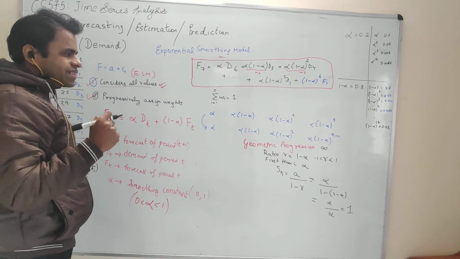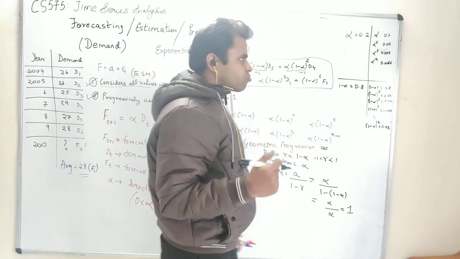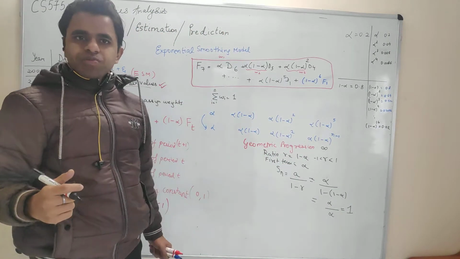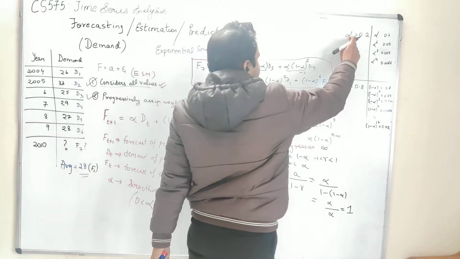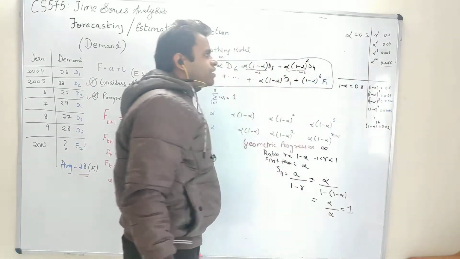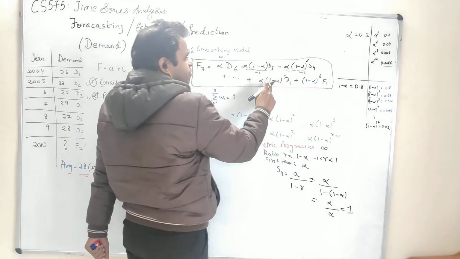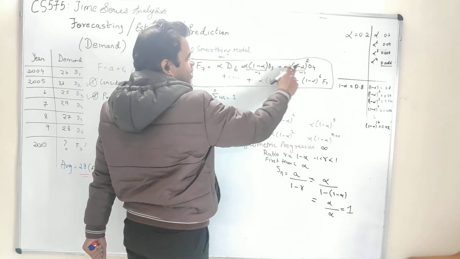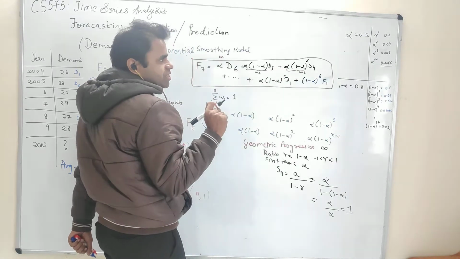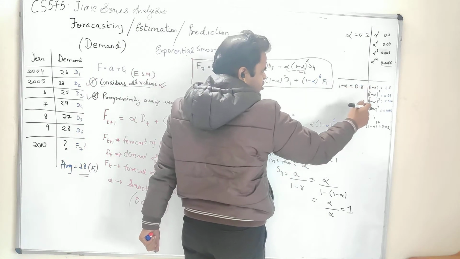Now you will intuitively say that no series goes up to infinity. That's again a good question. So in this case we kept alpha equal to 0.2. If you see, when I have just 4 terms, alpha raised to 4 becomes 0.0016. Also see the value for 1 minus alpha. 1 minus alpha is 0.8, because the summation should be 1.